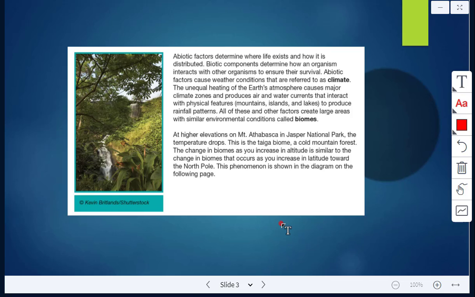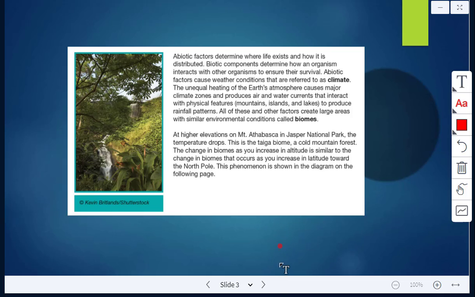So for example, at higher elevations on Mount Athabasca in Jasper National Park, the temperature drops. And this is part of the taiga biome, a cold mountain forest. So the change in biomes as you increase in altitude is similar to the change in biomes that occurs as you increase in latitude towards the North Pole.